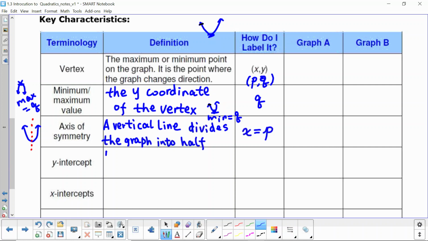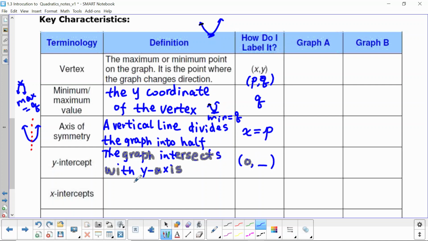So where the graph intersects with the y-axis, that is called the y-intercept. There you always have x equals 0, then just read the y value on the y-axis where the graph intersects with it.